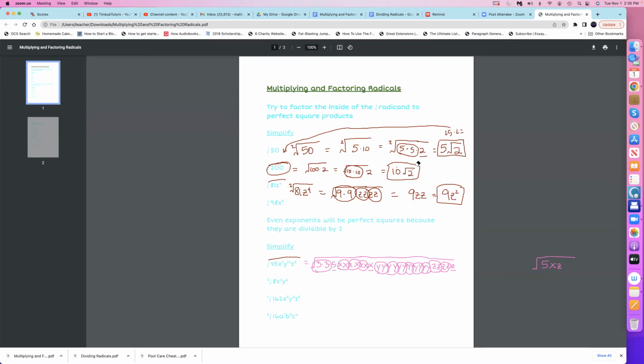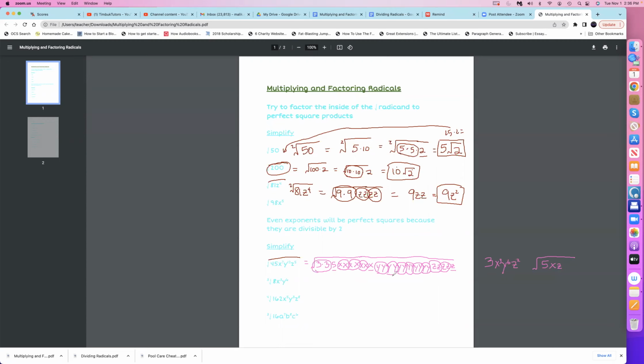And 3. 3 takes care of that. X, 3 sets of x's. So x cubed. 1, 2, 3, 4, 5, 6 y's. And 2 z's, so z squared.